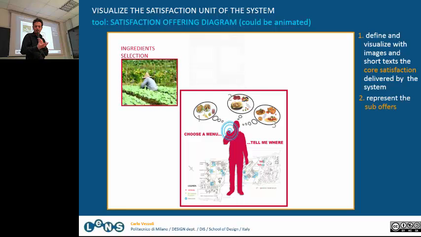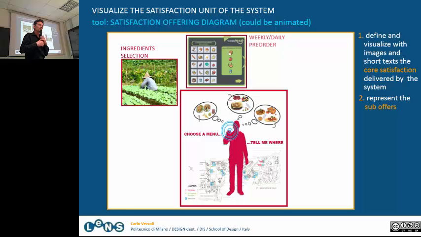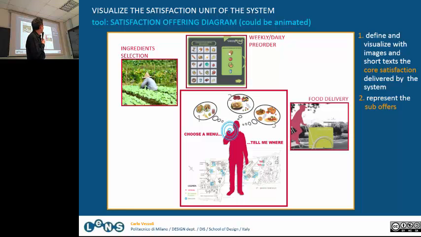At the beginning, you may also highlight some sub-offers. For example, the system is dealing with ingredient selection, weekly and daily pre-order, and food delivery, if this is related to food or something like this.